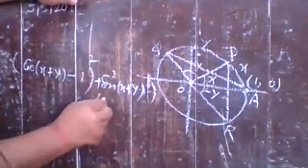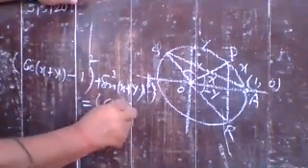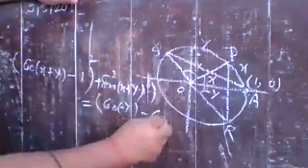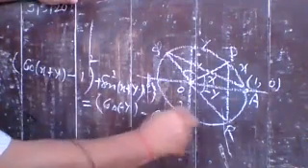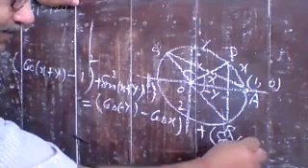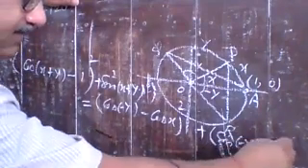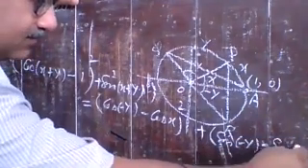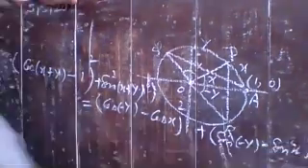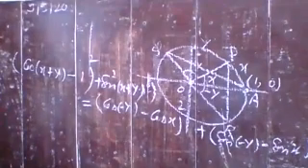So you can write cos of minus y minus cos x whole square plus sine of minus y minus sine y sine x whole square. You can write it in this way.